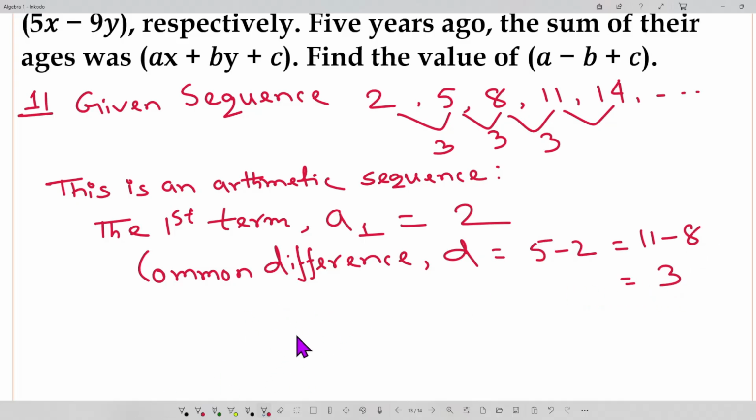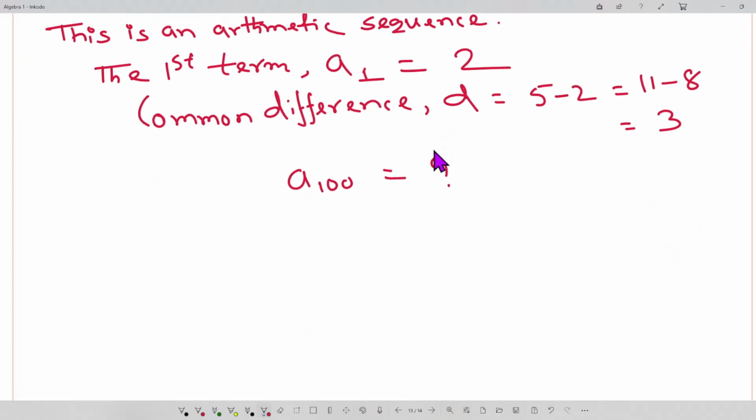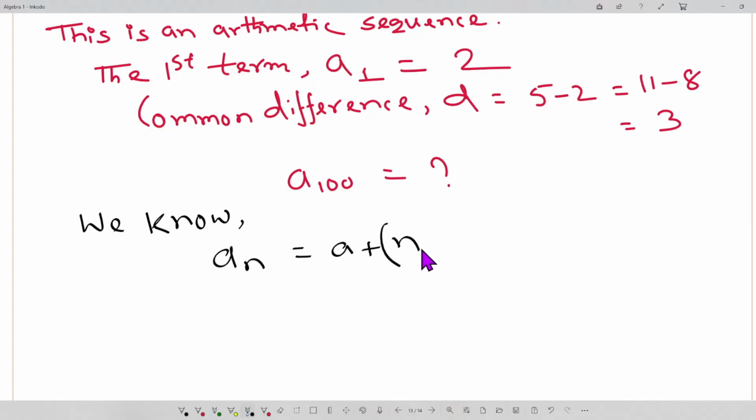Okay, then a to the power 100, we have to find. We know a n equals a plus n minus 1 times d. So here is a 100.